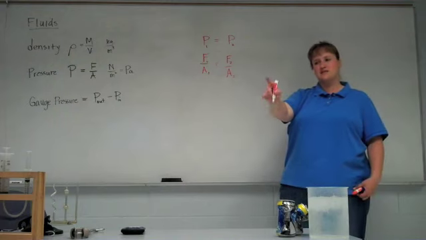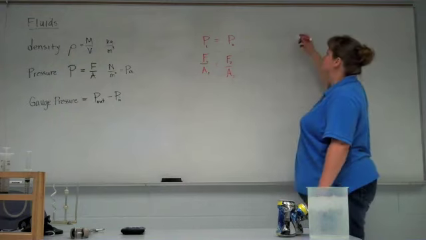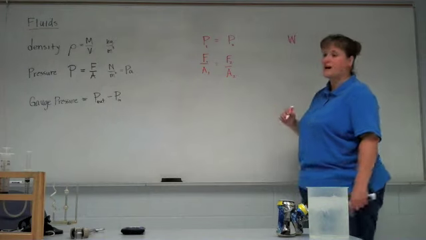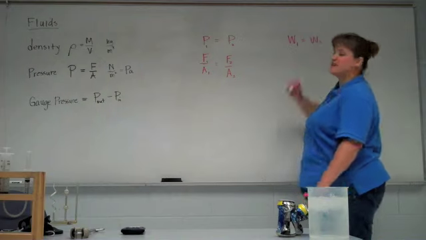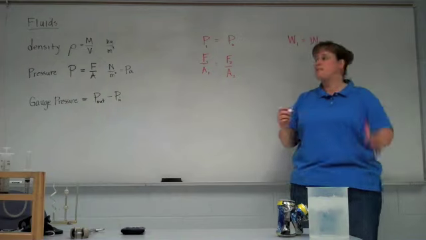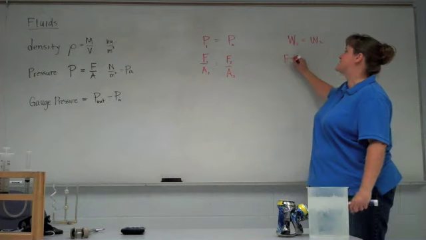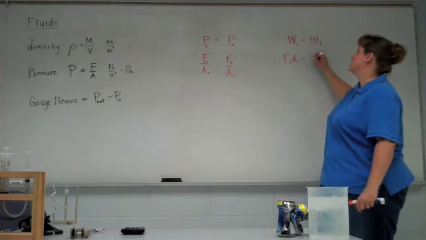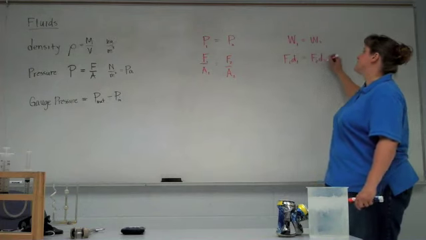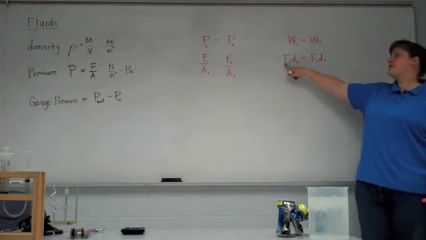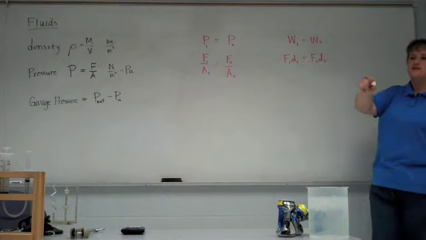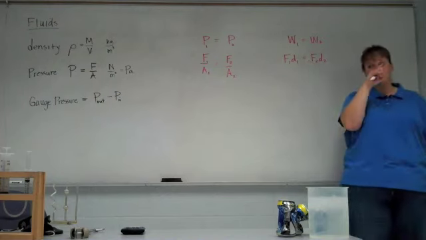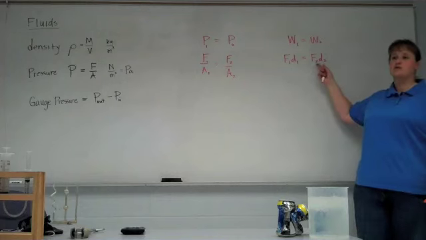Now, to relate it in terms of distance, that goes into work. The work I did pushing on one side is equal to the work done moving the other side. Remember, work is force times distance. So for a bigger force, you'll get a smaller distance. A smaller force, you'll get a bigger distance. And that's why that smaller syringe moved farther, because the force was smaller.